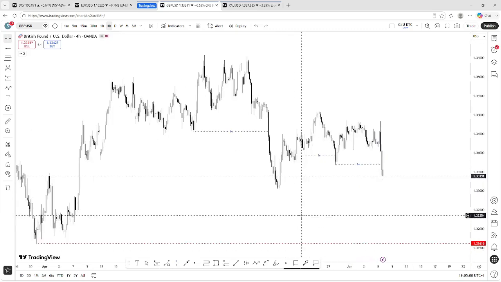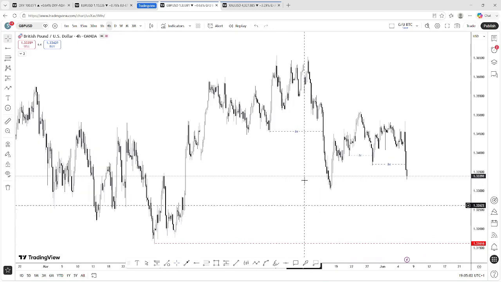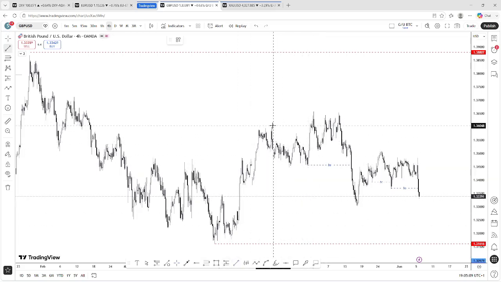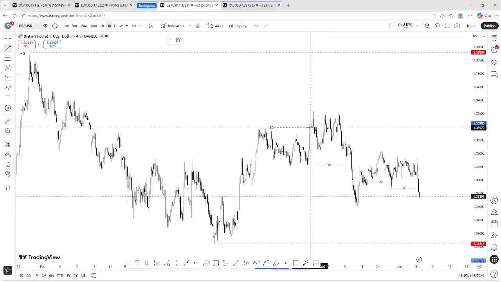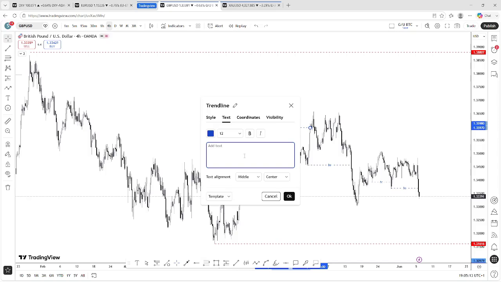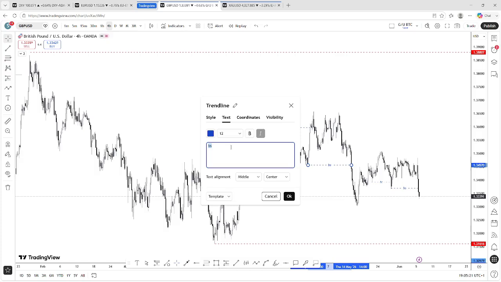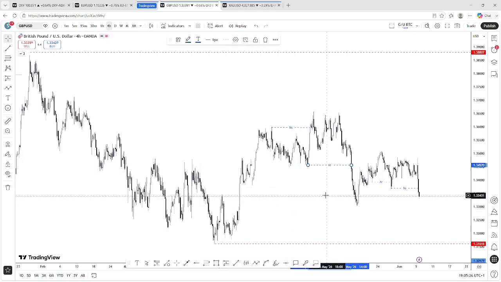Yes, you can see that in the 4 hour, this was the last break of structure to the upside. Okay, and ever since we had that break of structure to the upside, the price has shifted to the downside. Okay, you can take it as break of structure or TC, whatever works for you.